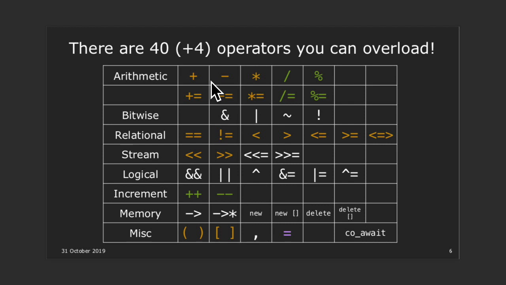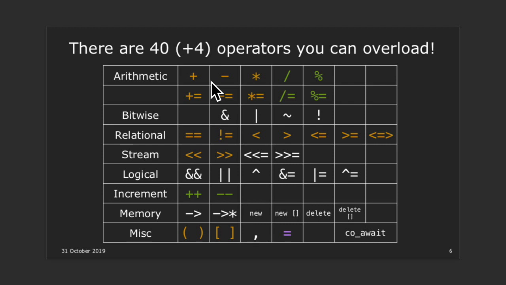We've been using the stream operators, although not on primitives. If you use them on primitives, they are bitwise shift operators, also a 107 topic, which we won't cover. The increment operators work on ints, and you've seen them in every loop that you've written. And finally, these memory ones, you've seen them when you're dealing with pointers.